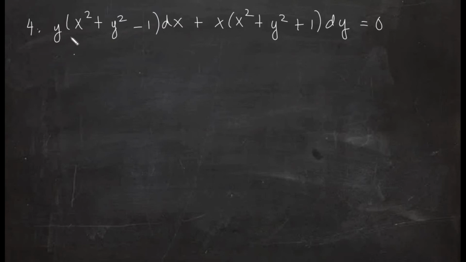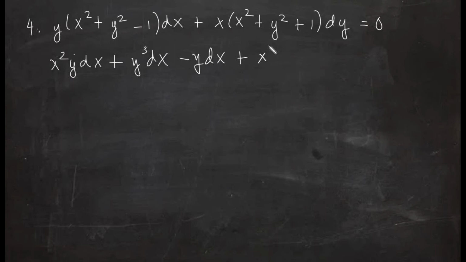So we have y times a quantity, x squared plus y squared minus 1 close quantity dx plus x times a quantity, x squared plus y squared plus 1 close quantity dy is equal to 0. So let's distribute and simplify. We have x squared y dx plus y cubed dx minus y dx, and then we have x cubed dy plus xy squared dy plus x dy is equal to 0.